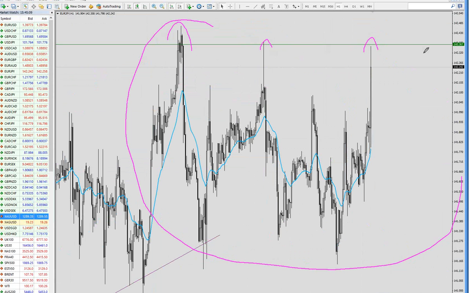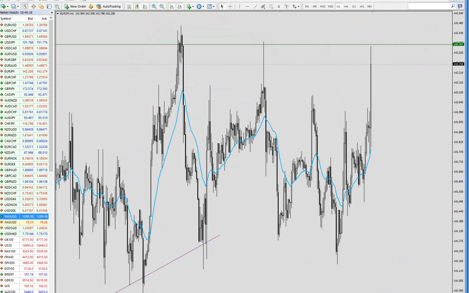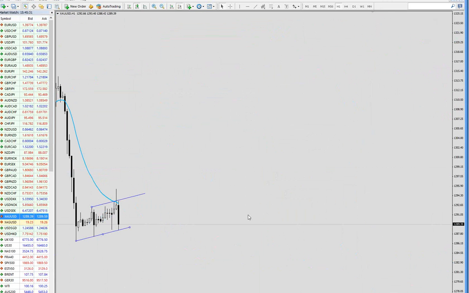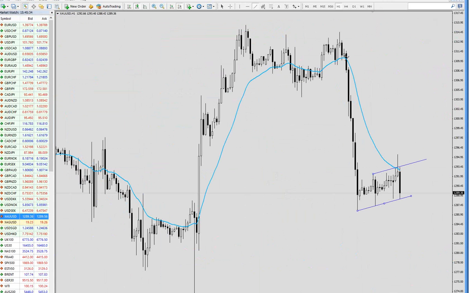If it's going to be the range or breakout, right? That could be the flag on gold. So breakdown here, breakout here could lead to at least a fall towards 1280.